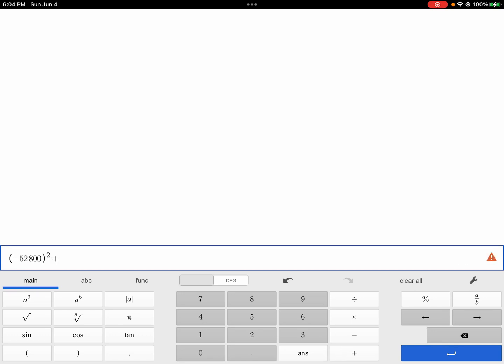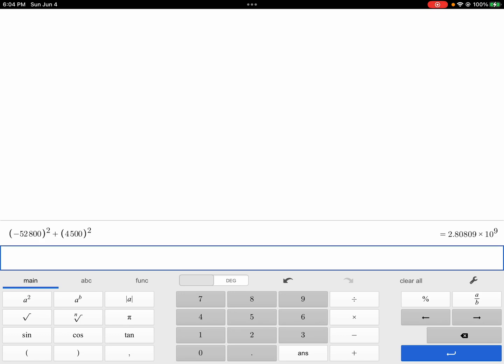Then I'll take 4,500. You don't need parentheses, but I'll put it in anyway. And I'll square that. And then it's a big number, isn't it?